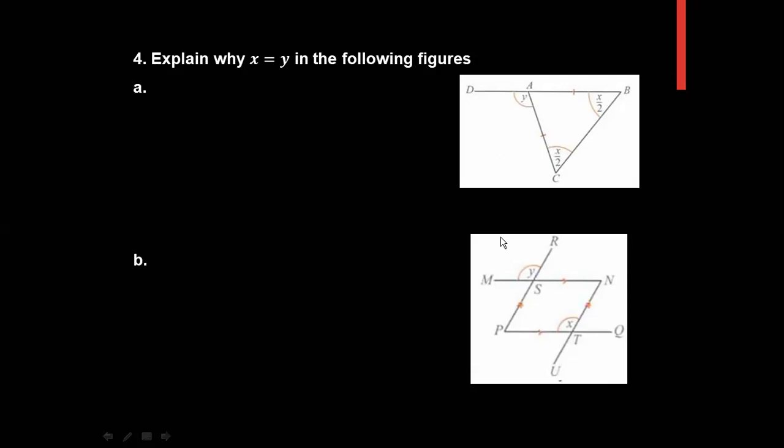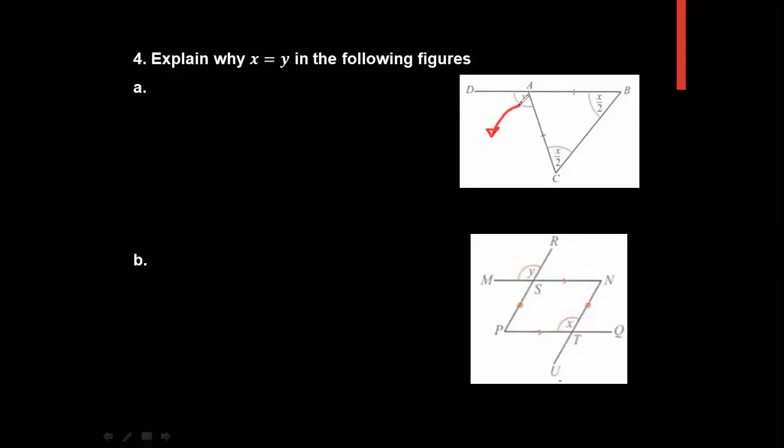The exterior angle of any triangle equals the sum of the two interior angles of the triangle except the adjacent one. Don't forget the adjacent one is not included. Just add the two interior angles, and that will equal the exterior angle.